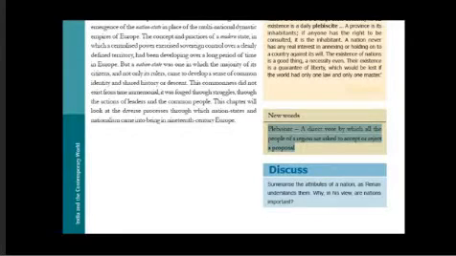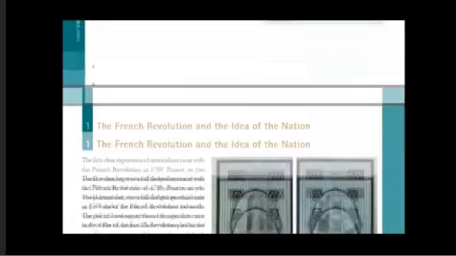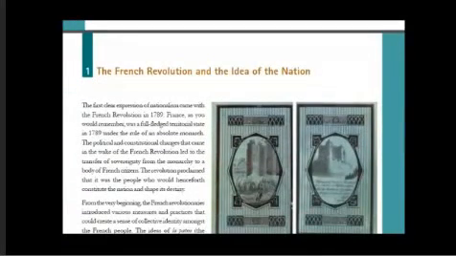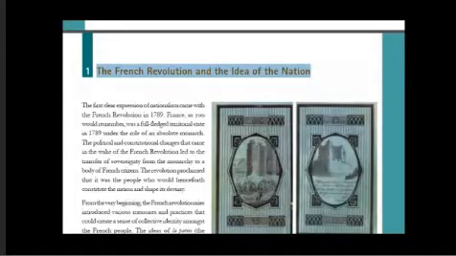From the very beginning, the French revolutionaries introduced various measures and practices that could create a sense of collective identity among the French people. In this chapter, we will talk about the collective identities of peoples, so not just people: the Polish, the French, the Germans, the Austrians, the Hungarians, the Italians, right?